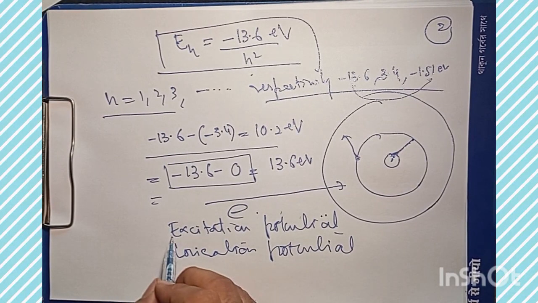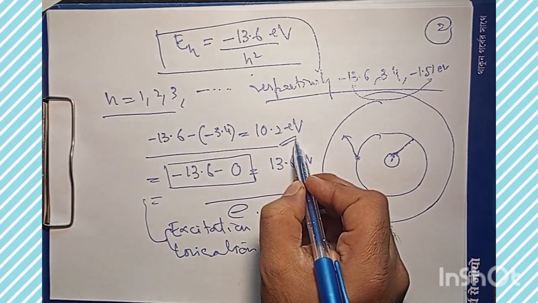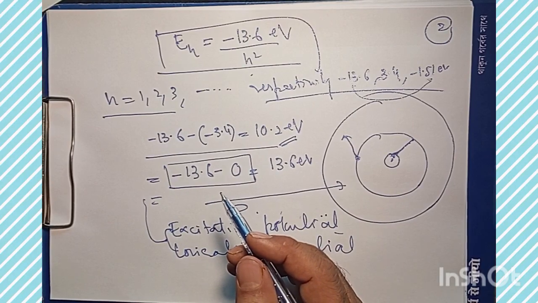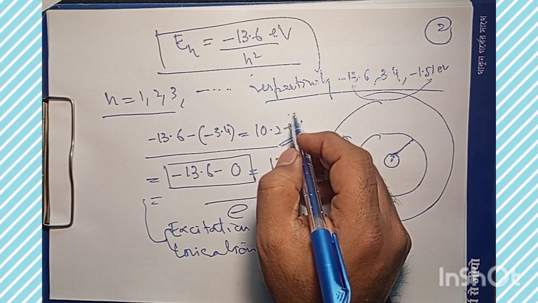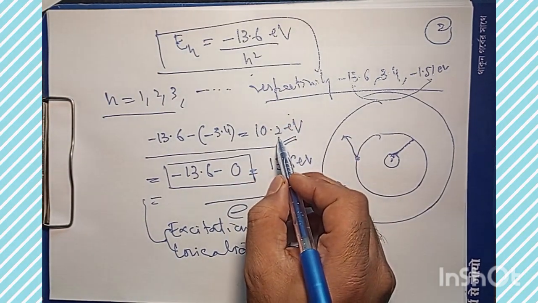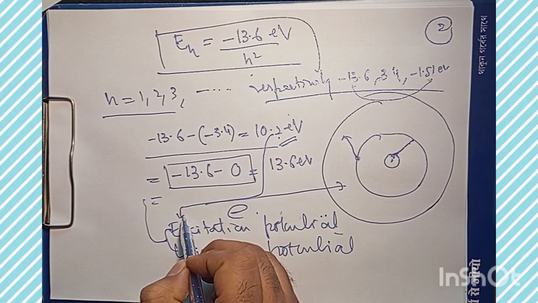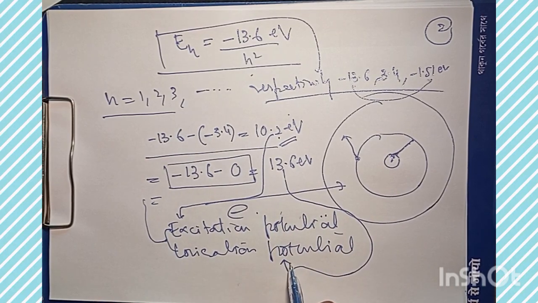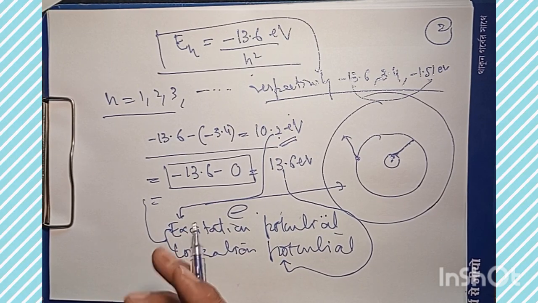If I have to speak about them in terms of numbers, this 10.2 electron volt, or in other cases 12.09 electron volt, these are simply excitation potentials. While this 13.6 electron volt is the ionization potential for the hydrogen atom.